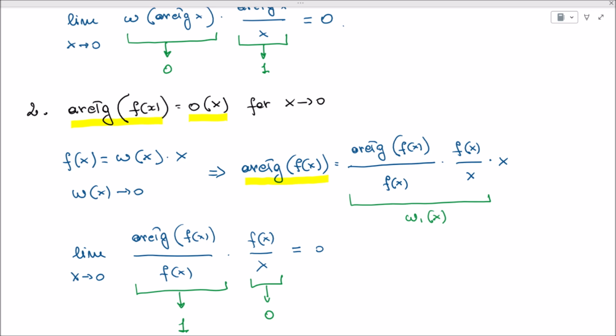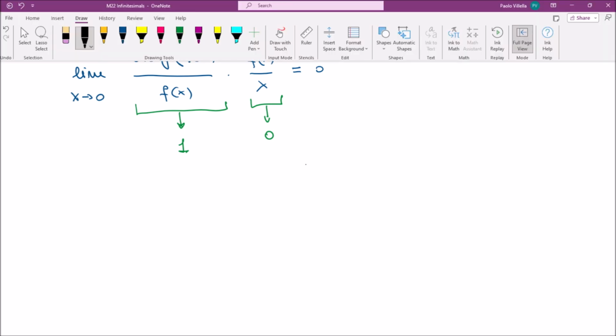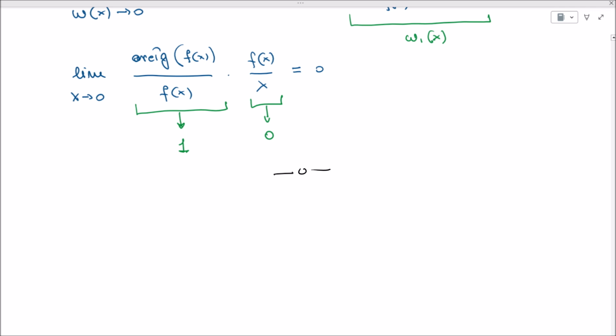Now let's see if we can apply all these ideas to some examples. Let me start with this example. What I would like to prove here is that sine of 2x is asymptotically equivalent to 2x for x that goes to 0.